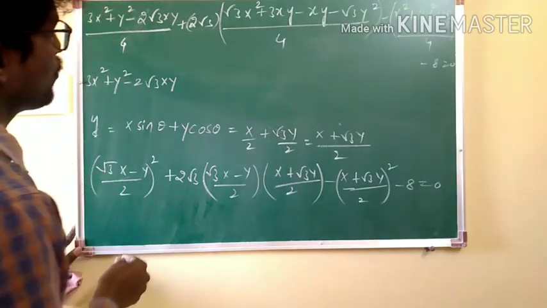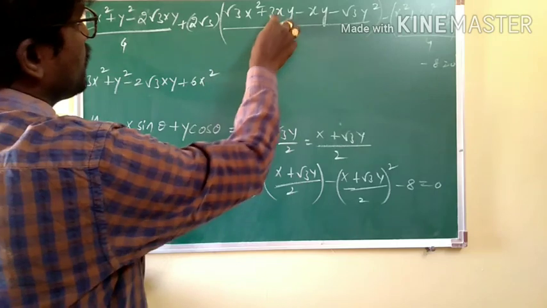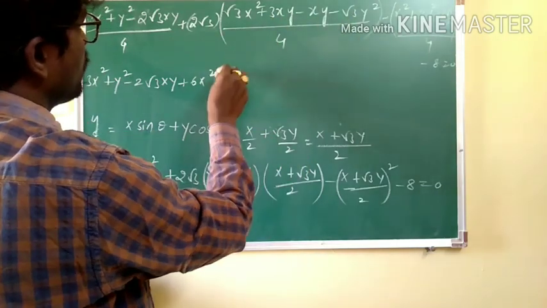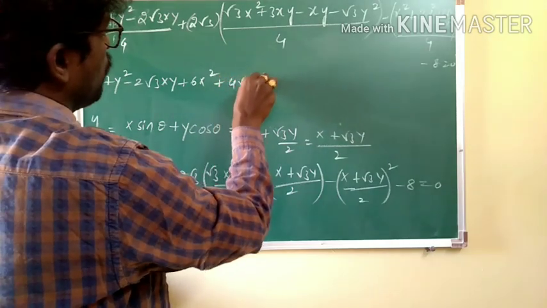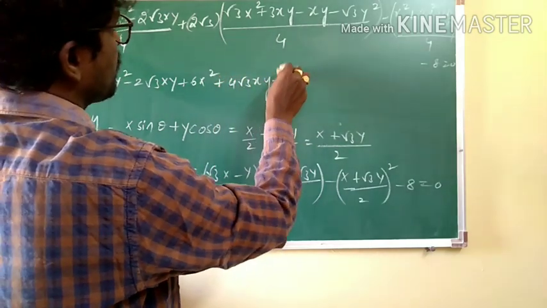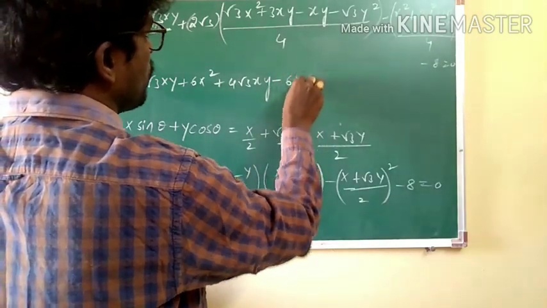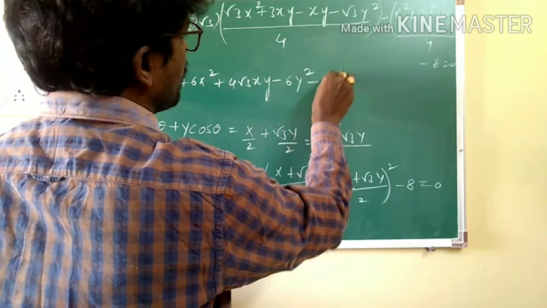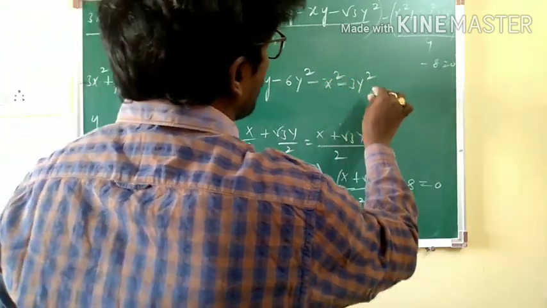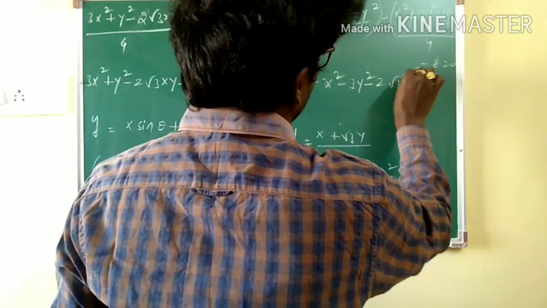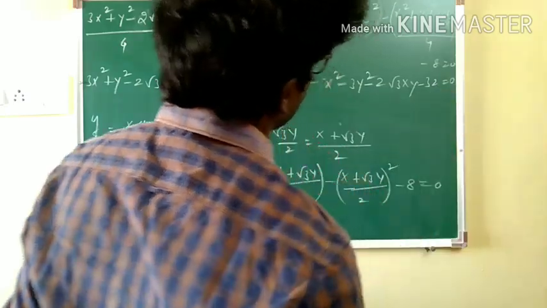Multiply these terms here: 2 root 3 into root 3, 2 3s are 6x square, 3xy minus xy, 2xy, 2 root 3 xy means 2 into 2, 4 root 3 xy, minus 2 root 3 into root 3, that is 3 into 2, that is 6y square, minus x square, minus 3y square, minus 2 root 3 xy, minus 8 4s are 32 is equal to 0.